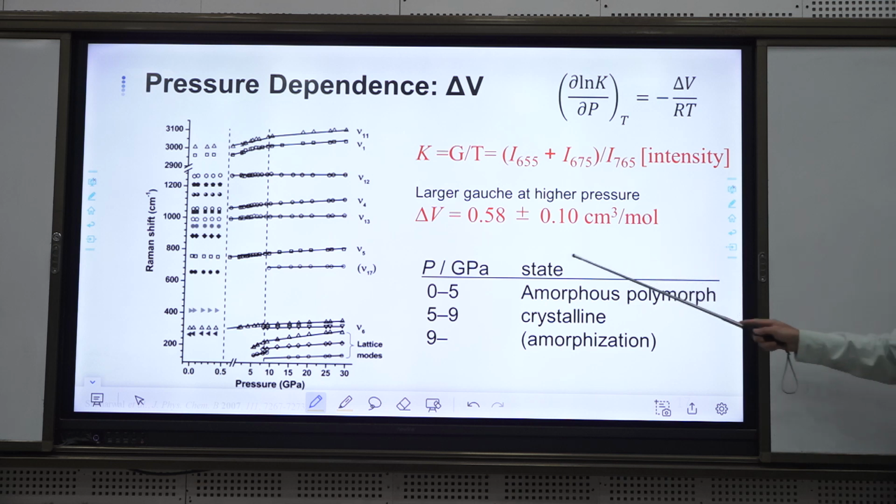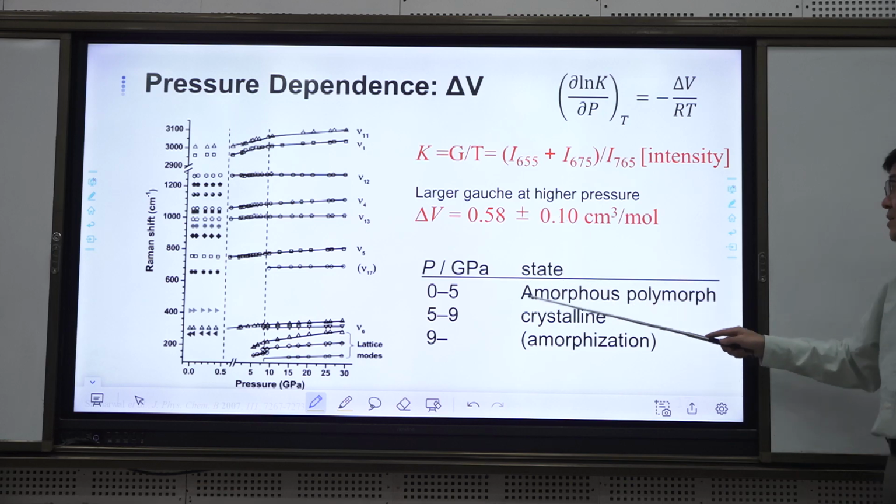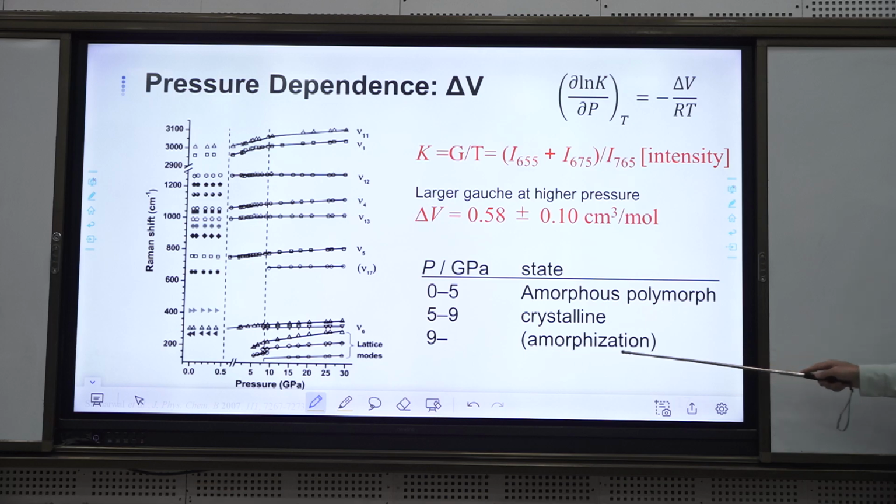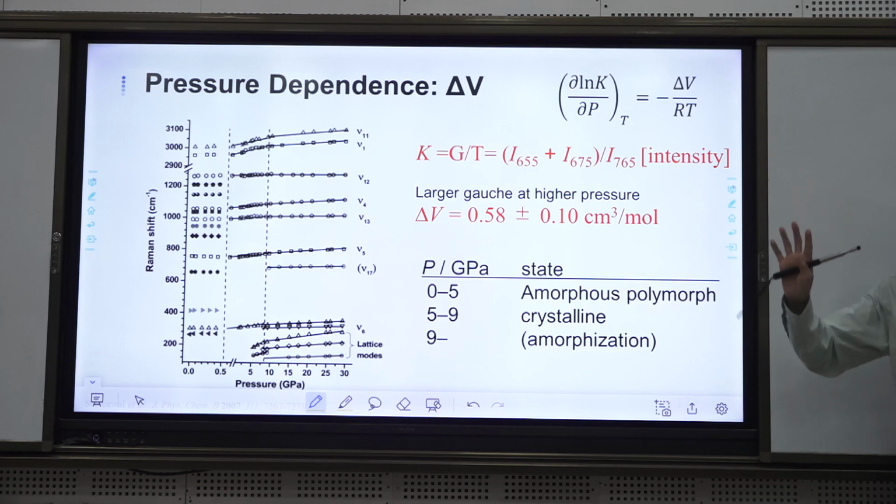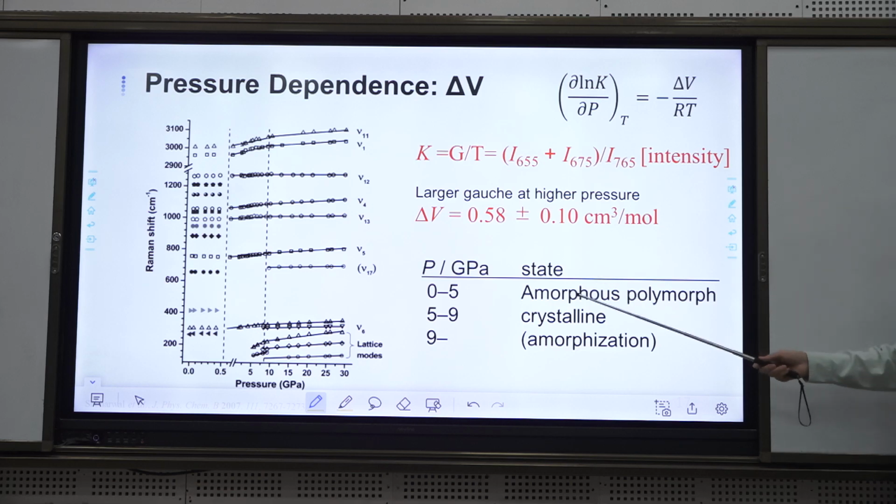And they also discuss what is the status of the 1,2-dichloroethane under high pressure. It may be amorphous, polymorph, or crystalline, or amorphization again. So by analyzing the peak position and the intensity pattern, we can estimate the status and its pressure dependence.